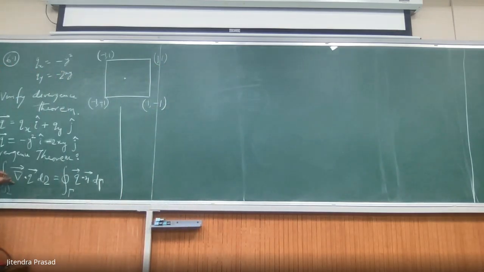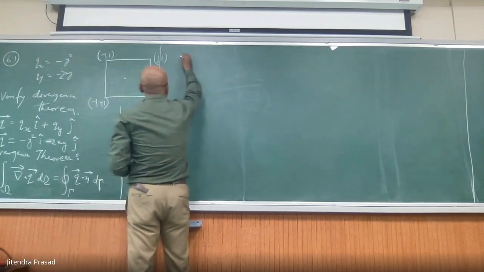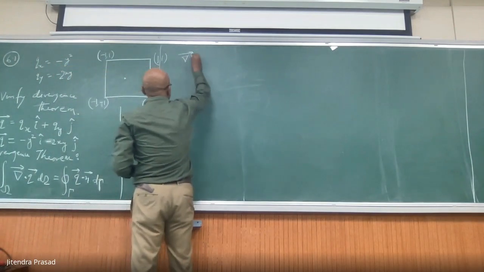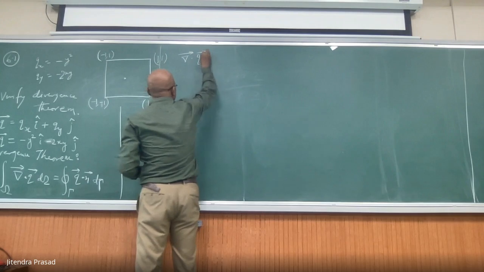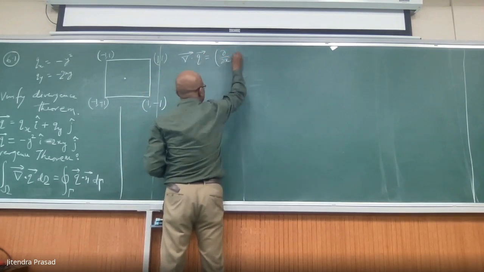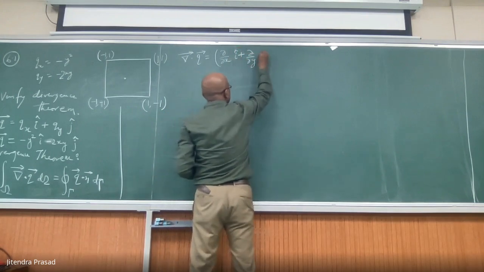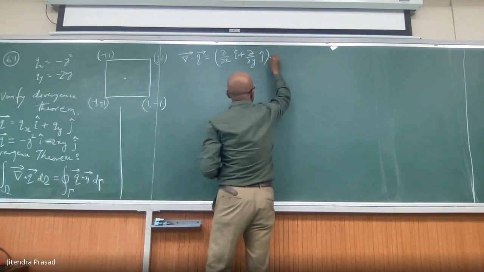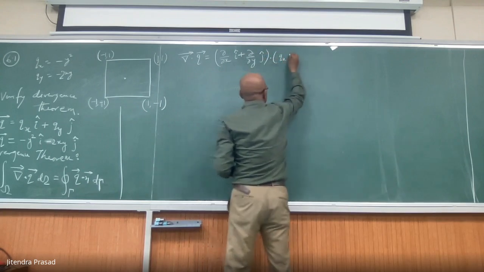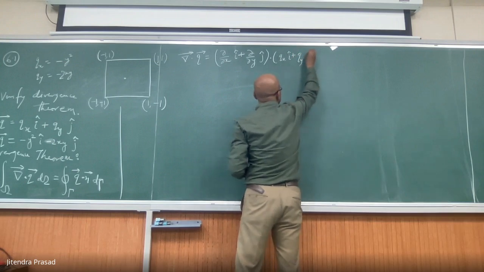We have the divergence of Q, and we can start spelling it out. Del Q is equal to del over del x i plus del over del y j, dotted with Qx i plus Qy j.